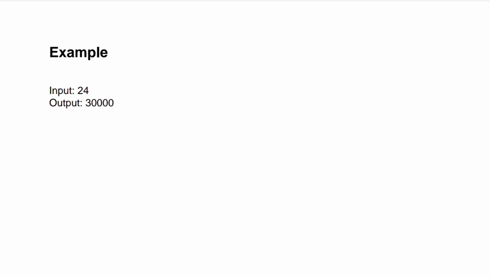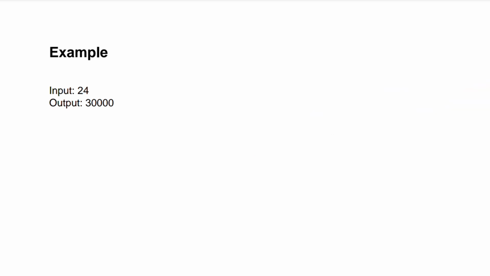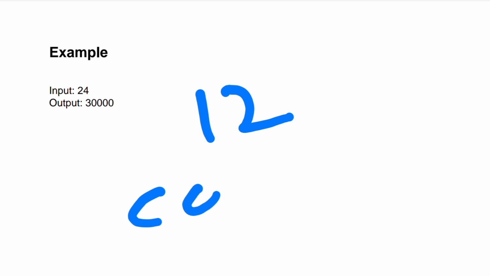If you take 24 months as input, 30,000 will be the cost, as I said. Sorry, 24 is divisible by 3. Yes, the remainder will be 0. 12 plus 12.